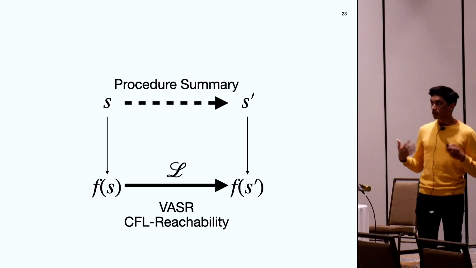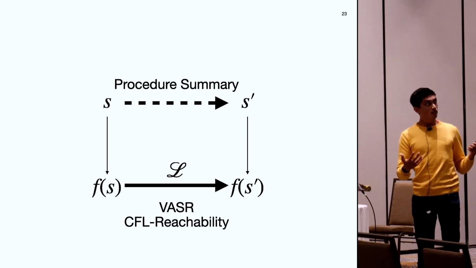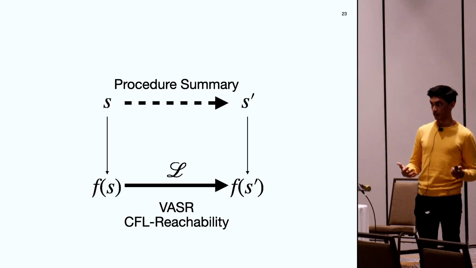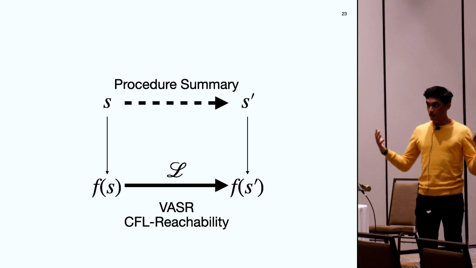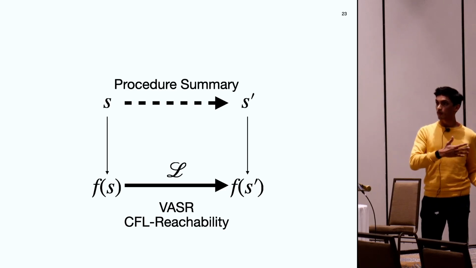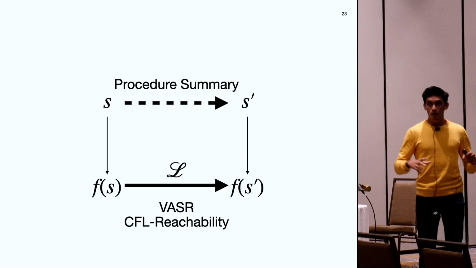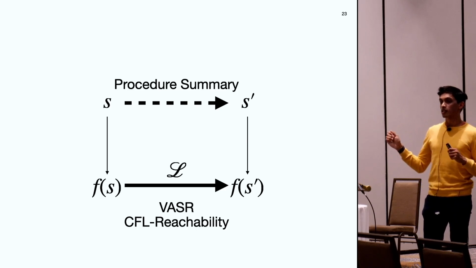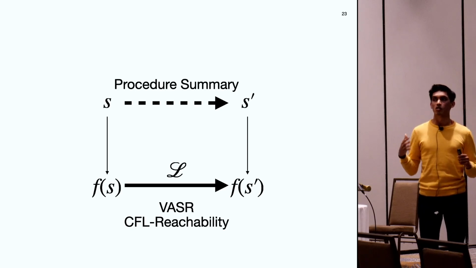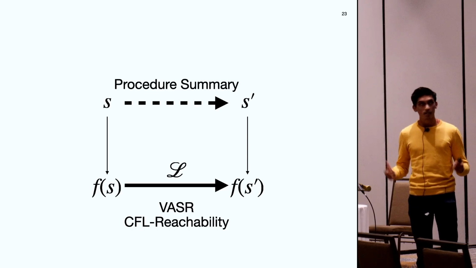And so I'm going to be computing the context-free language reachability of VASR. Then, like before, I take the inverse image of this set under the simulation function f, and I end up with an over-approximation of the set of reachable program states along arbitrary executions of the procedure. In other words, a procedure summary.